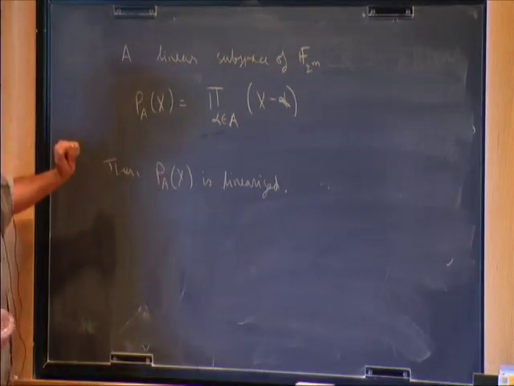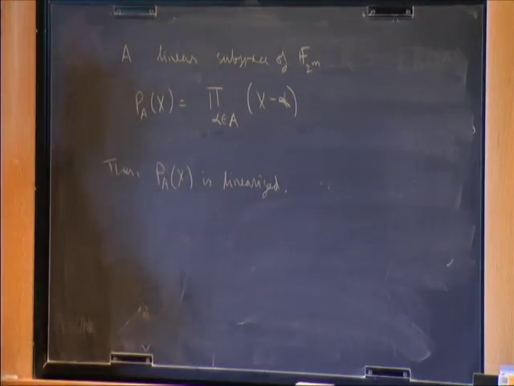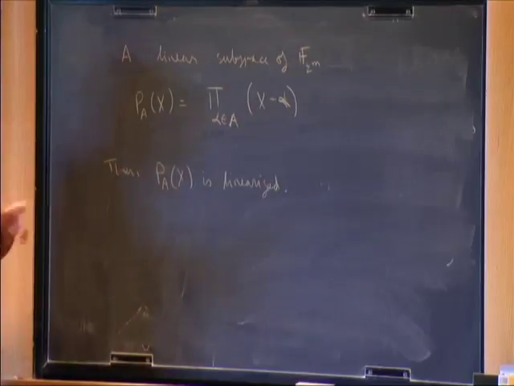A linear map, or rather the function, only says it vanishes on A. It could do arbitrary things outside, but in fact it's going to be linear even outside.